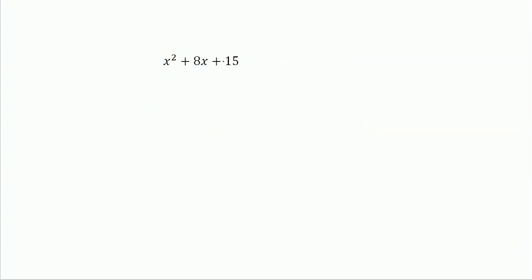Alright, so in this case we are looking for two numbers whose sum is equal to 8 and whose product is equal to AC. A in this case, the coefficient here, is 1, multiplied by C, which is 15, which will give us 15.